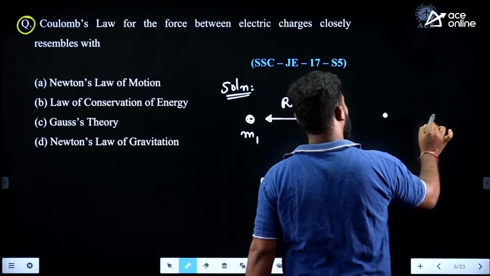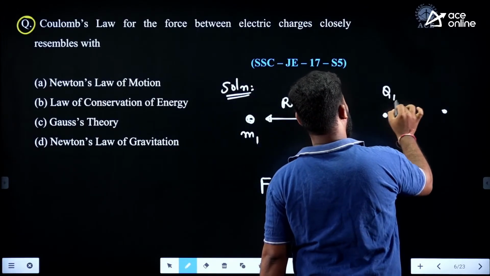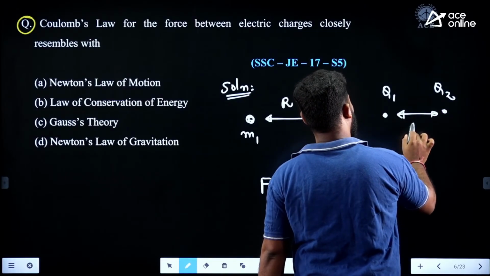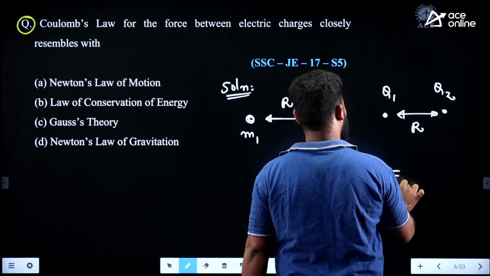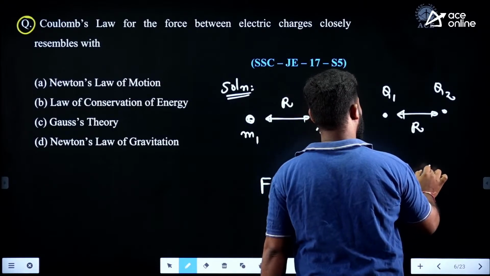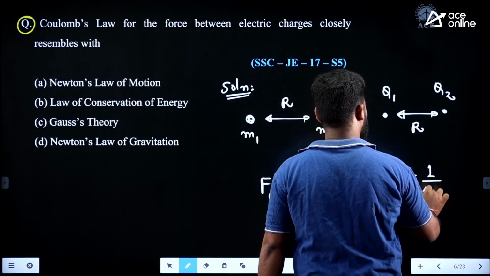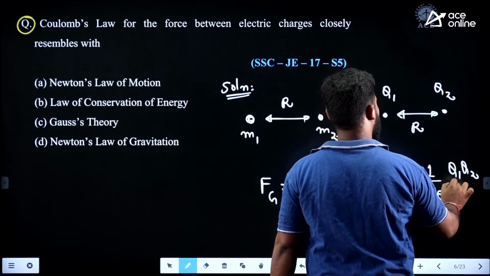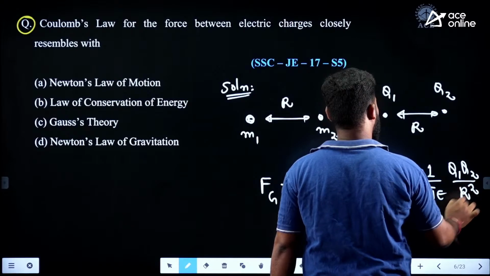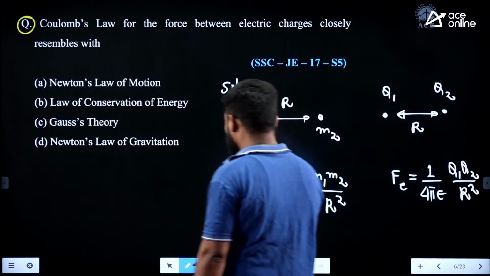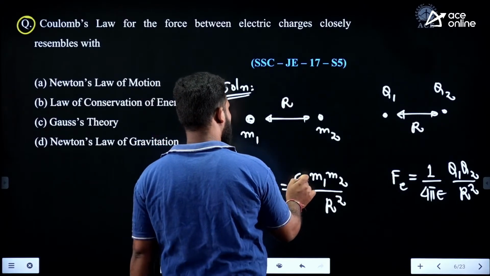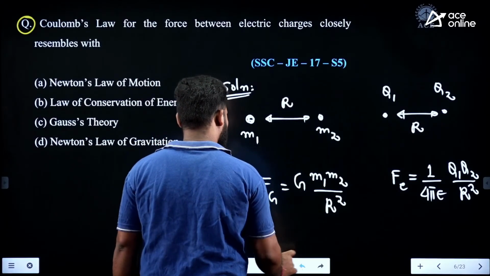This is the gravitational force between two masses. So just now I have shown you, if there are two charges, q1, q2, what is the force between these two? Let us say it is the electric force, which is some proportionality constant, 1 by 4 pi epsilon, into q1 into q2 divided by r square. So you can compare this one.